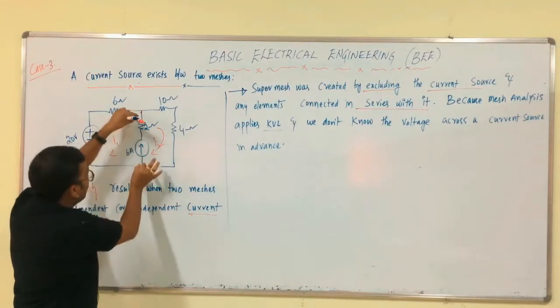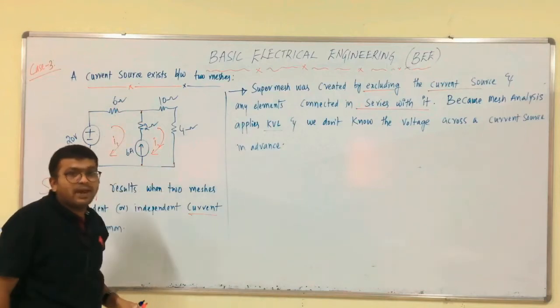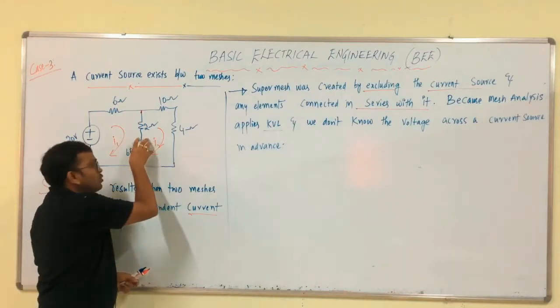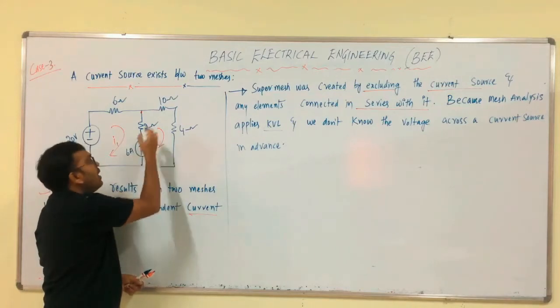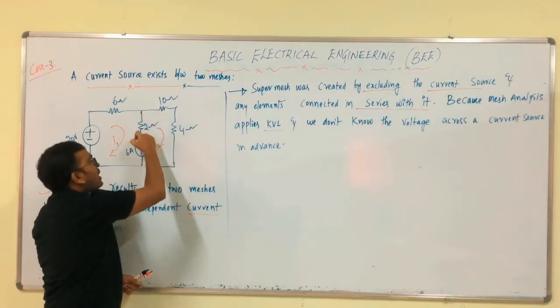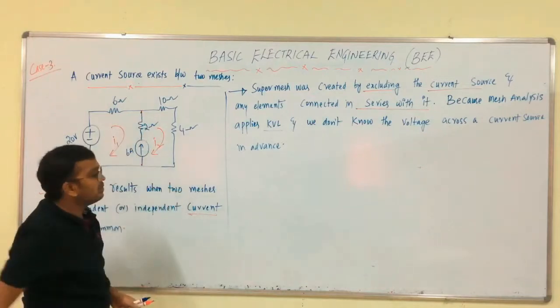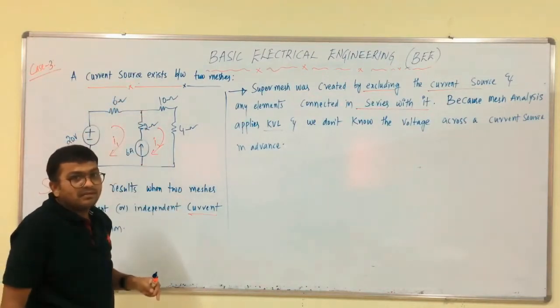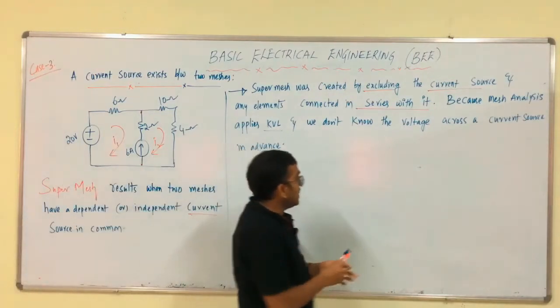That is why we have to remove this branch. In addition to the 6 amp current source, we have to remove the entire branch connected in series with it. Simple, we have to remove this branch from here to here. Then the super mesh is created.